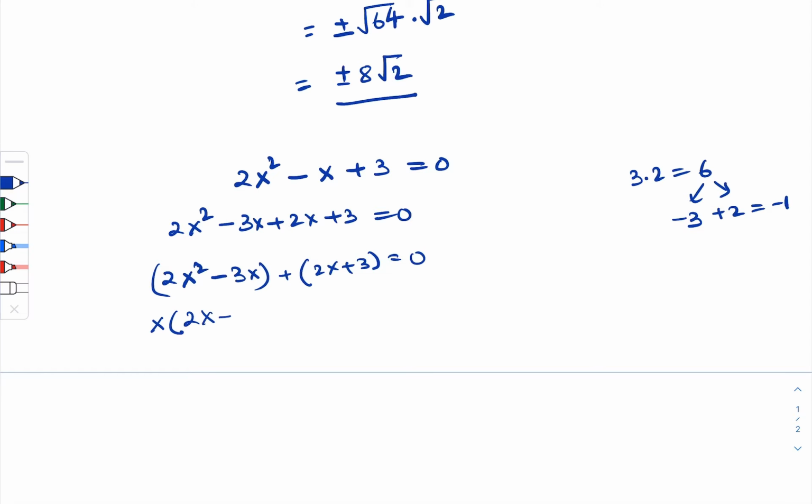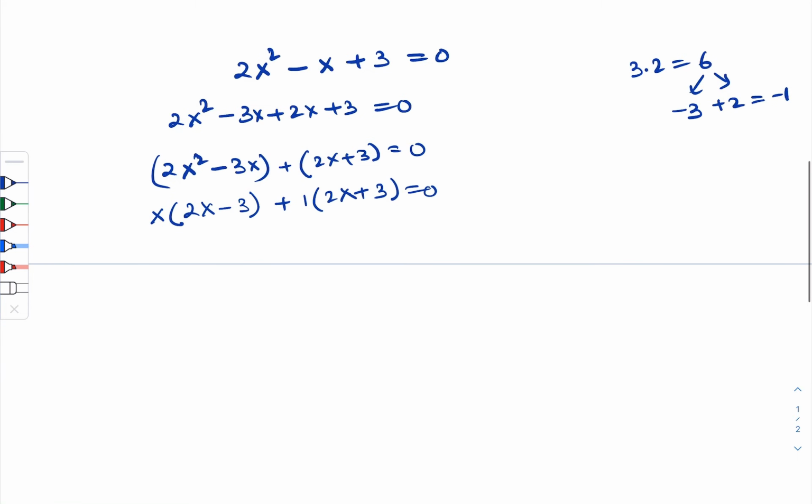So x, we need 2x minus 3. The second one becomes 1 times 2x plus 3. Now be careful out here. If you look at these two, you can see this term does not match this term. Even though the 2x and the 3 are identical, because the signs don't match, they're not a perfect match.